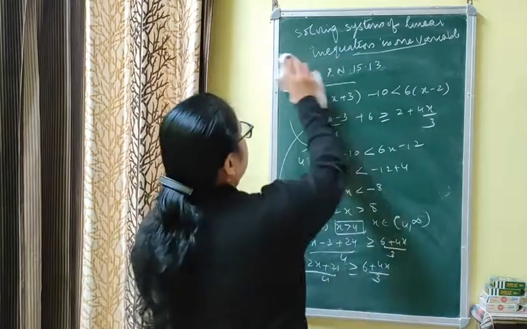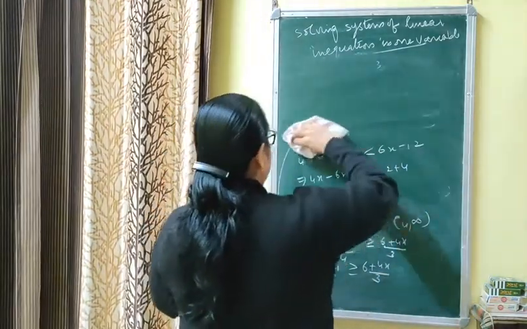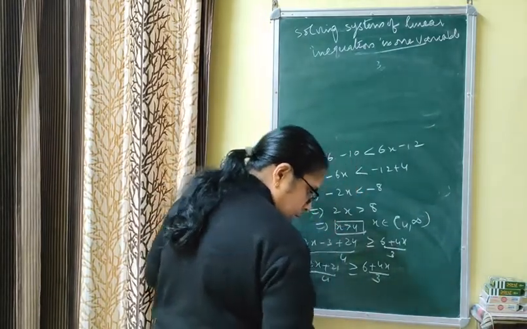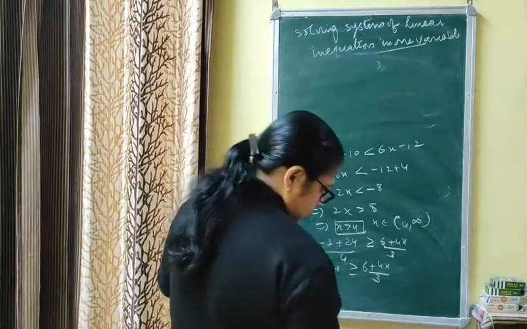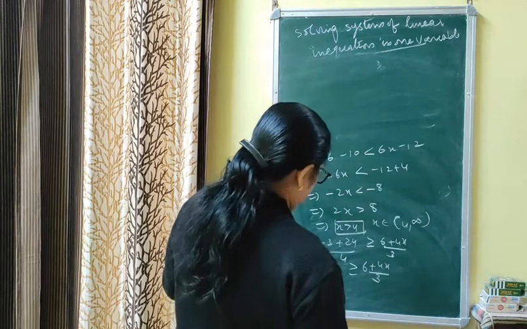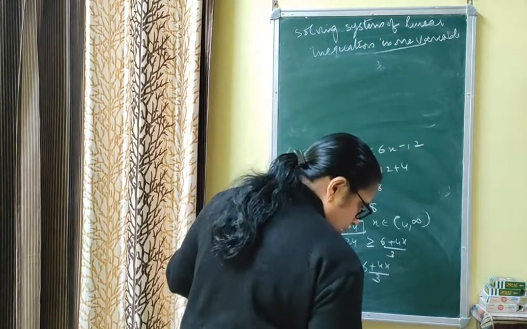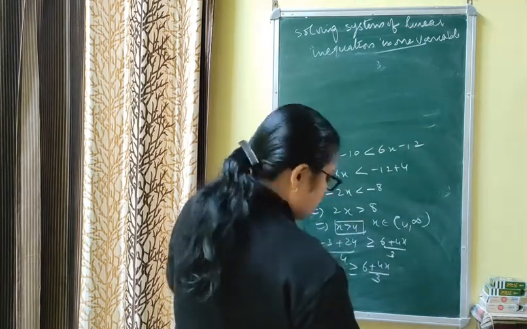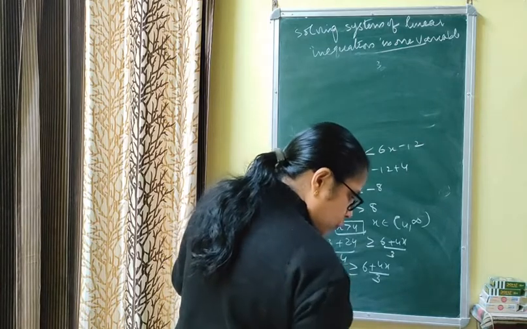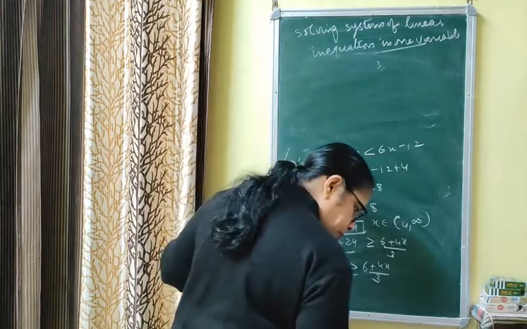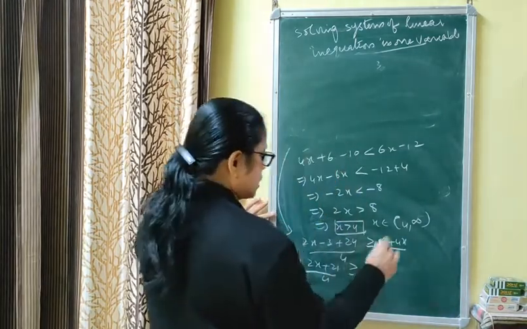The second inequality is 2x minus 3 by 4 plus 6 greater than or equal to 2 plus 4x by 3. Now if you solve this you will get 2x plus 21 upon 4 greater than or equal to 4x plus 6 upon 3.